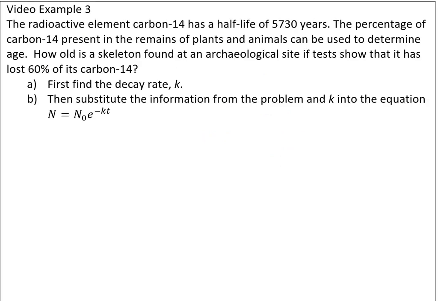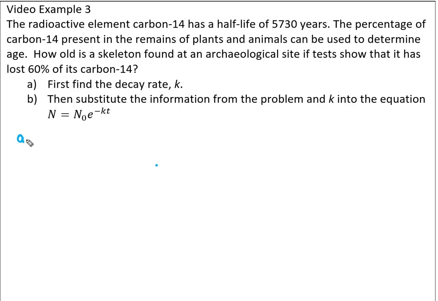For video example 3, it asks us: the radioactive element carbon-14 has a half-life of 5,730 years. The percentage of carbon-14 present in the remains of plants and animals can be used to determine age. How old is a skeleton found at an archaeological site if tests show that it has lost 60% of its carbon-14? Well, in order to solve this question, the first thing we want to do is find the decay rate.